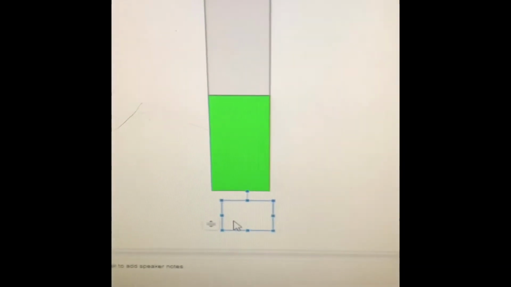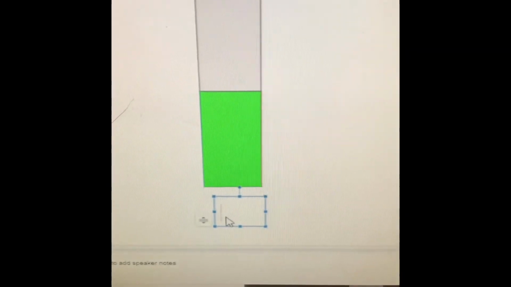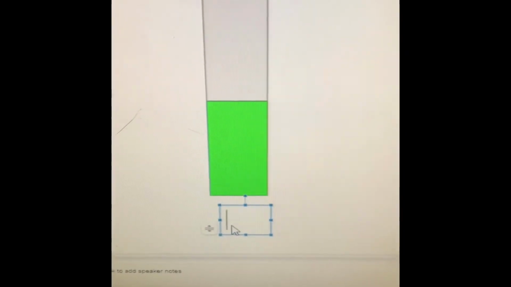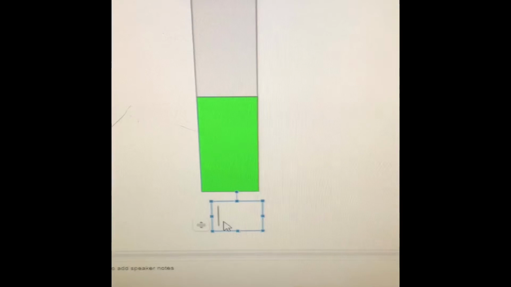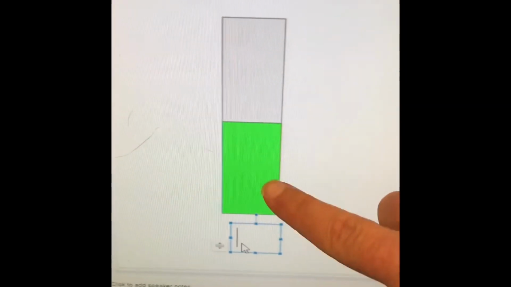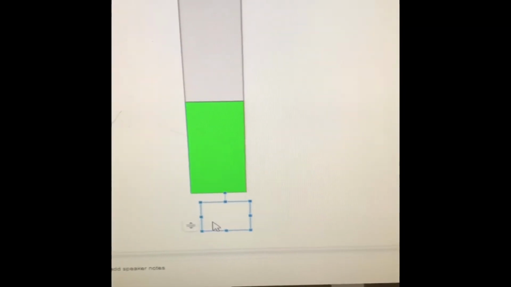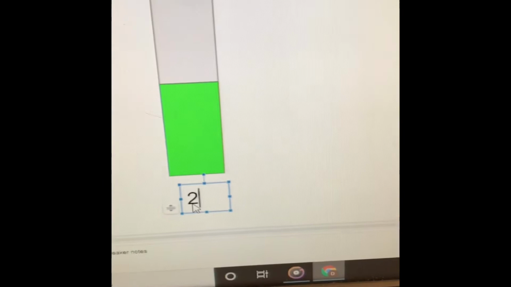Alright, so first demonstration problem, I'm going to identify the fraction for how many pieces are shaded green. So first thing I'm going to do is count the total number of pieces. Let's see, 1, 2. So there is 2 total pieces, so 2 is going to be the denominator in the problem.